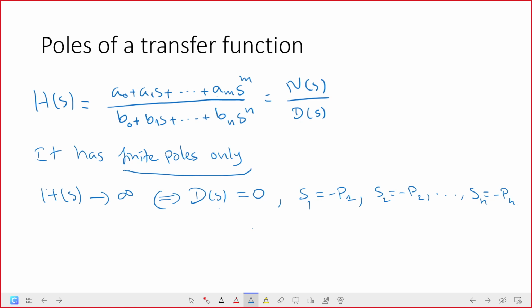The denominator can be rewritten as bn times (s plus p1)(s plus p2)...(s plus pn). It has degree n, and the coefficient of s to the n is bn.